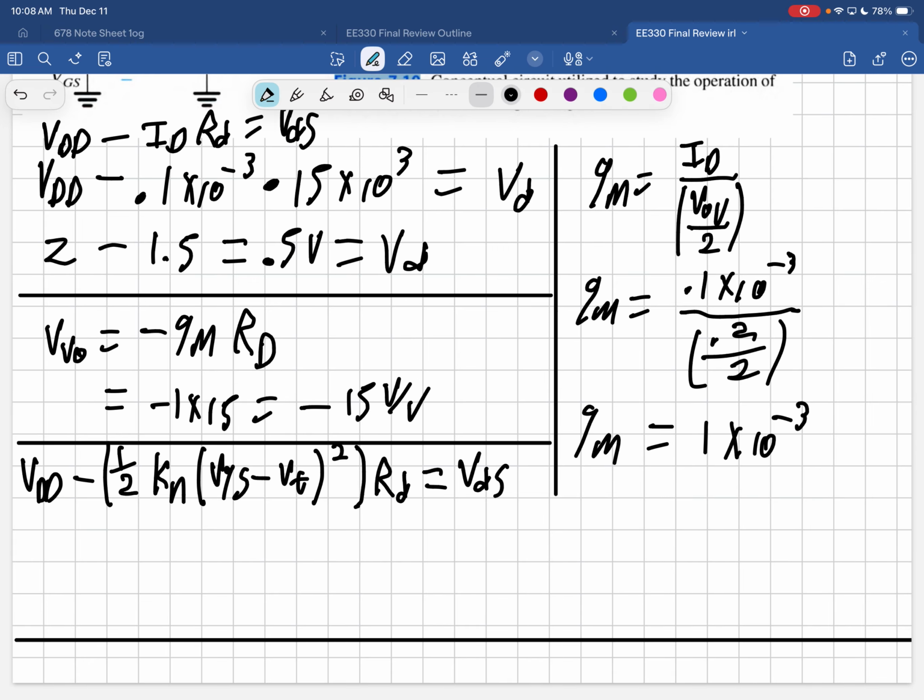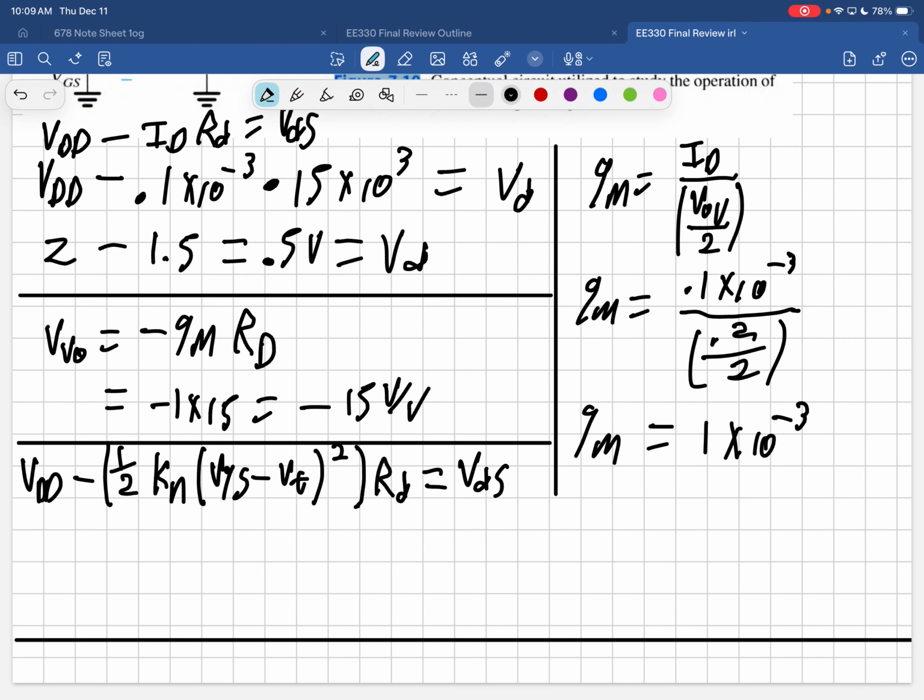Shouldn't it be the V that's lowercase and the DS that's capitalized? Yeah, sorry, I'm really bad at being consistent with that. This is all DC. I think at some point in this problem they tell you that you can assume that the large signal model works for the small signal model or something like that, so this holds.